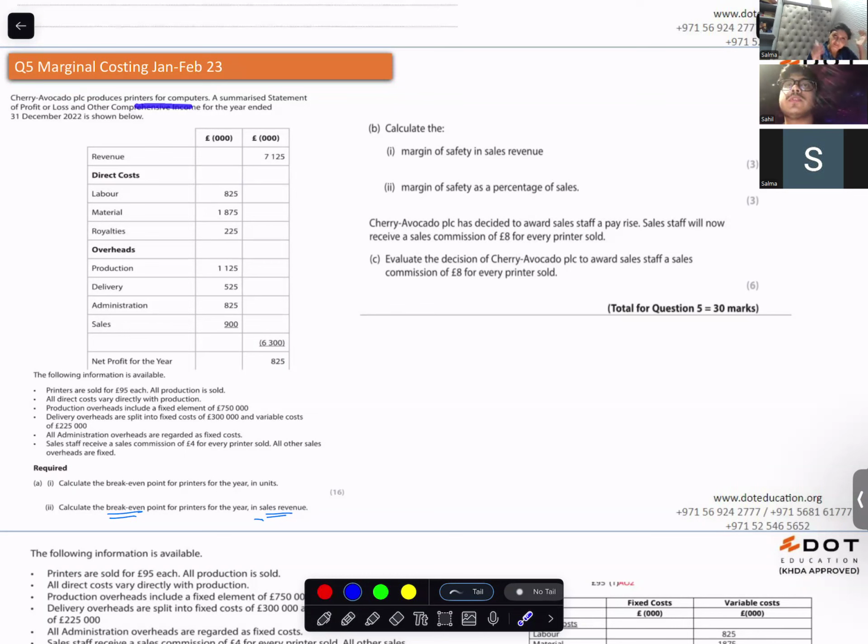We have the statement of profit or loss and the statement of other comprehensive income. It has revenue, direct cost and overheads, and you have the net profit for the year.